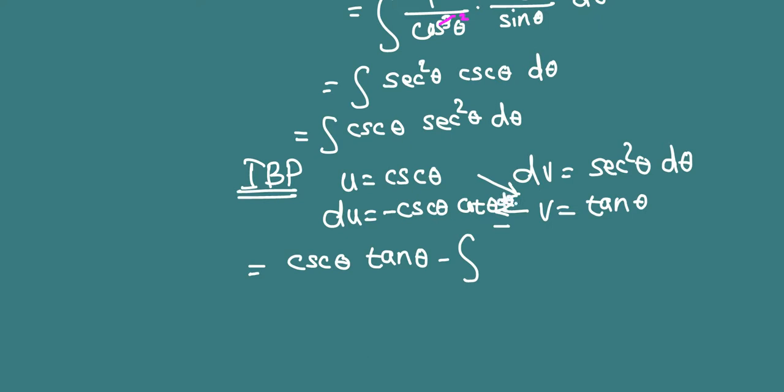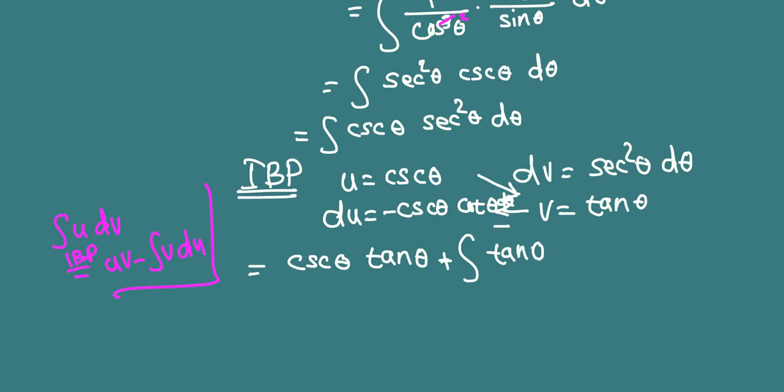I forgot to write that there. So v times du is negative, that turns the minus into a plus.